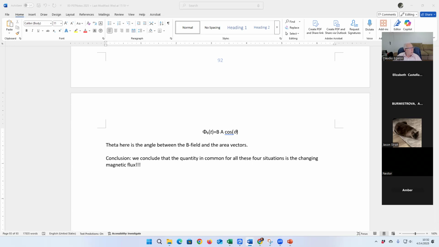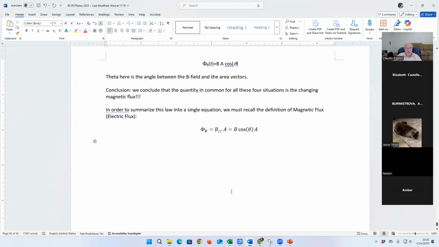Here you go. Recall, I'm going to write here the equation for the magnetic flux. It is the component of the magnetic field that's parallel to the area vector. Okay, and I'm going to put this cosine of theta on the other side.